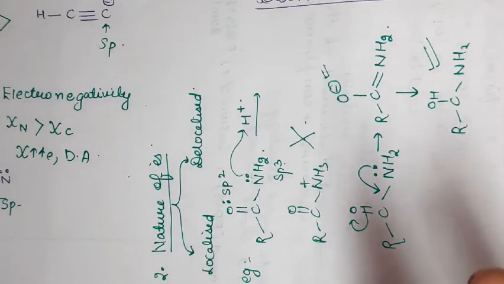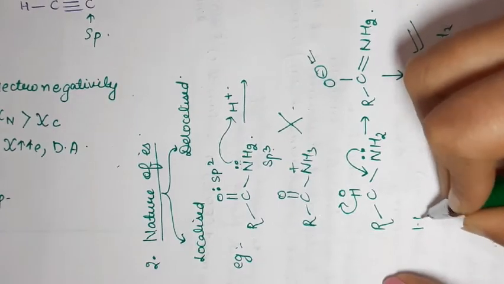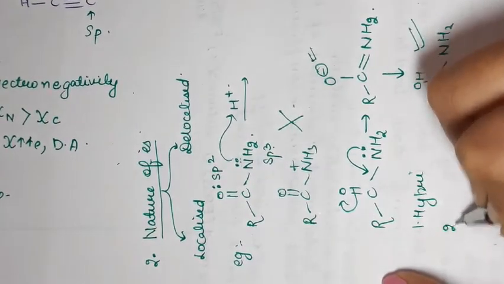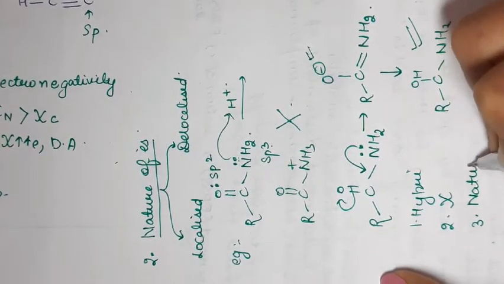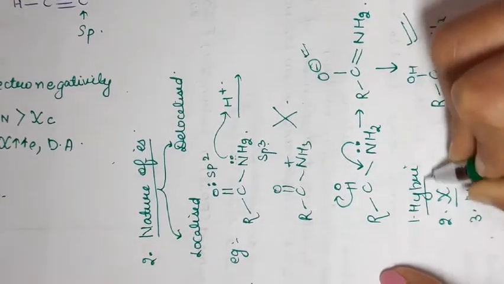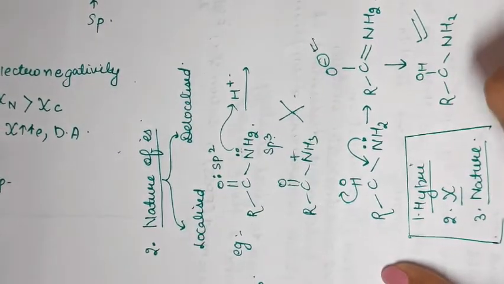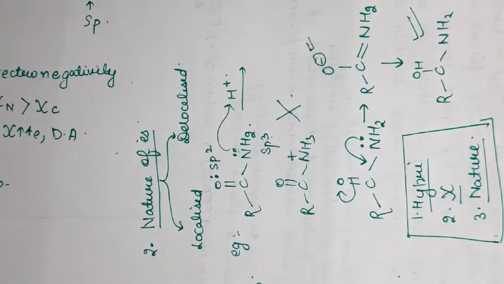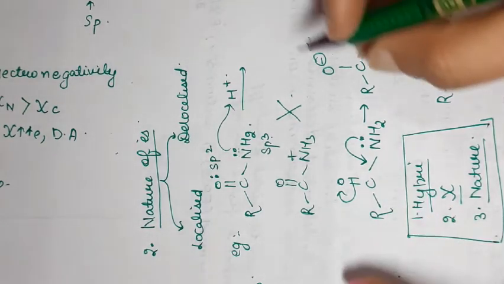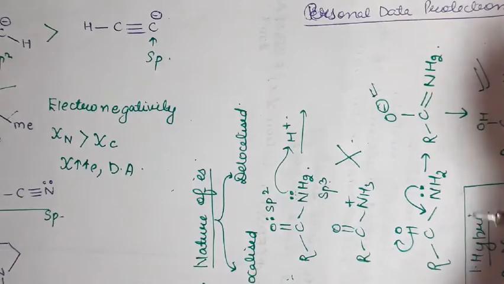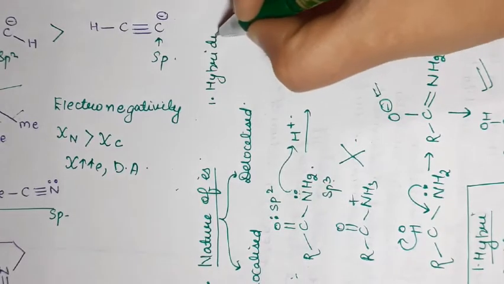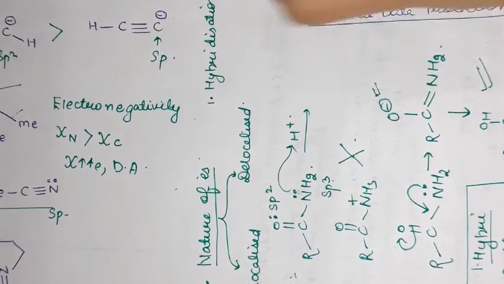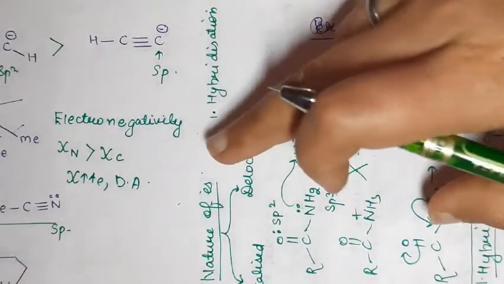I have discussed mainly three factors. First is hybridization, then I discussed electronegativity, then I discussed the nature of electrons. Now how will we conclude which atom will act as a donor atom or which will be protonated? For that, one must keep in mind this sequence: whenever we have to see which atom will donate, first of all check the hybridization. If by hybridization we can conclude, then we can easily consider this factor.